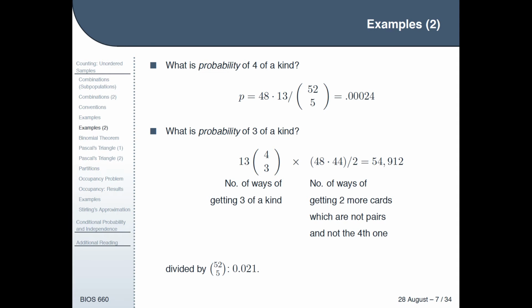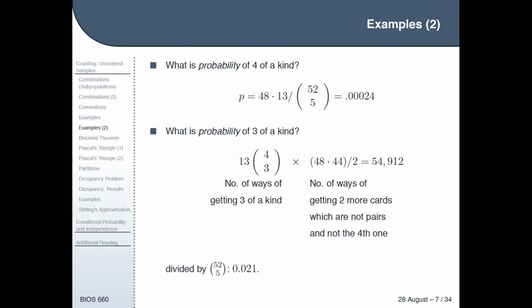So there's 48 possibilities for the 4th card. For the 5th card, it gets even a bit more complicated because, once again, it cannot be, we'll say that you have three 2s and a 3. You cannot have another 2, or you would have 4 of a kind. And likewise, you cannot have another 3, because then it would be a full house. You just want 3 of a kind.